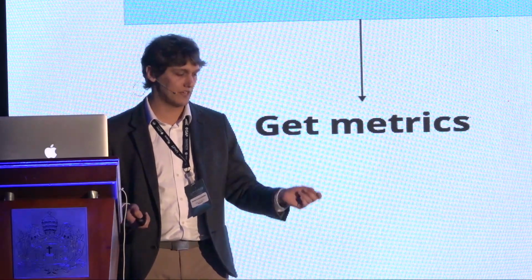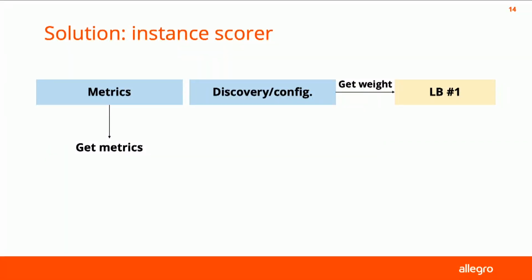Something should get the metrics from the metering service, calculate the weight for every instance that is available for a service, and put that into the discovery service. Then when the load balancer gets its new config, it can apply those weights for the instances and start doing smarter balancing.